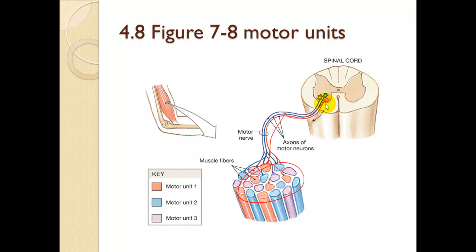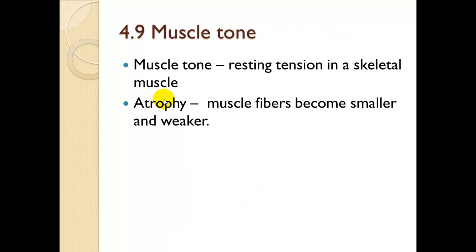So if we get stimulus occurring, it will recruit so that you get a full section of the motor neurons here, or the actual muscle tissue itself, working. Muscle tone: resting tension in skeletal muscle. This means just how much actual tone or how much actual tension you could apply if you need to.